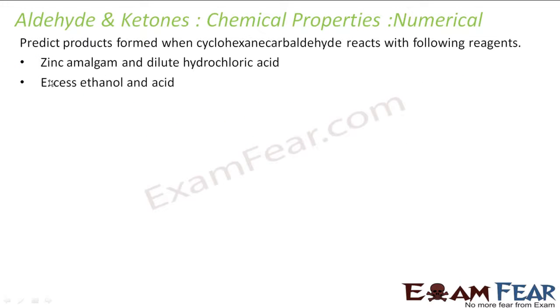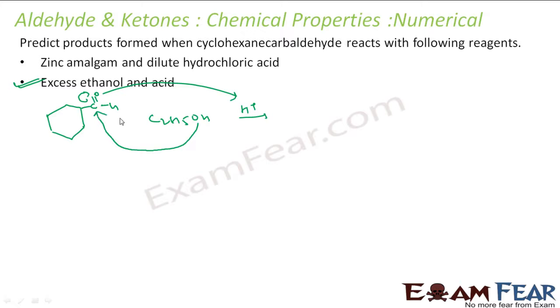Let's see this reaction. We have excess ethanol and acid. So I have this again, cyclohexane carbaldehyde, and react with ethanol. The first thing with acid, some acid is also there. So what happens is the acid attracts this H plus, and this positive charge will attract this carbon.